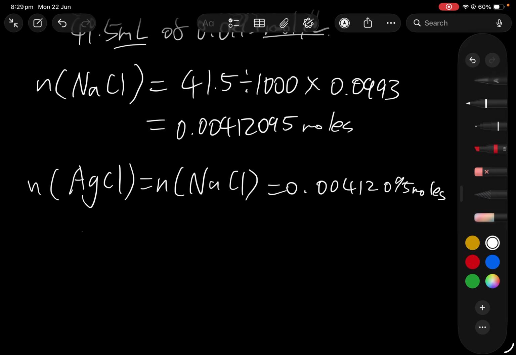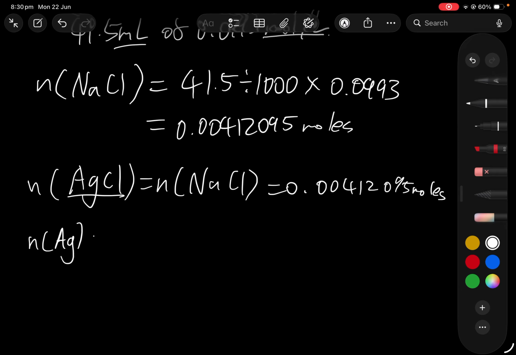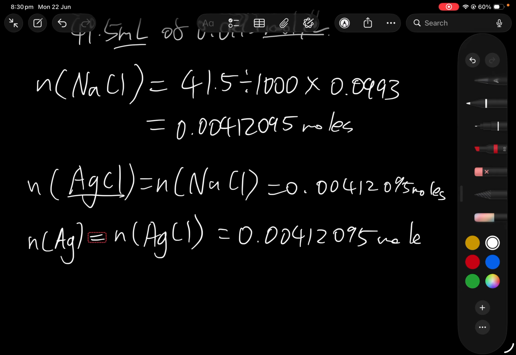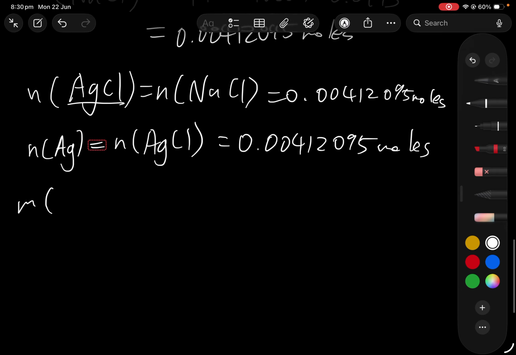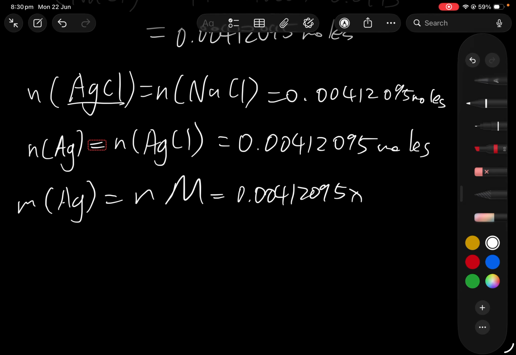The number of moles of actual silver in this is equal to that as well, 0.0041295 moles. Now we can find the mass of silver on its own, which is moles times molar mass, 0.0041295 times Ag.